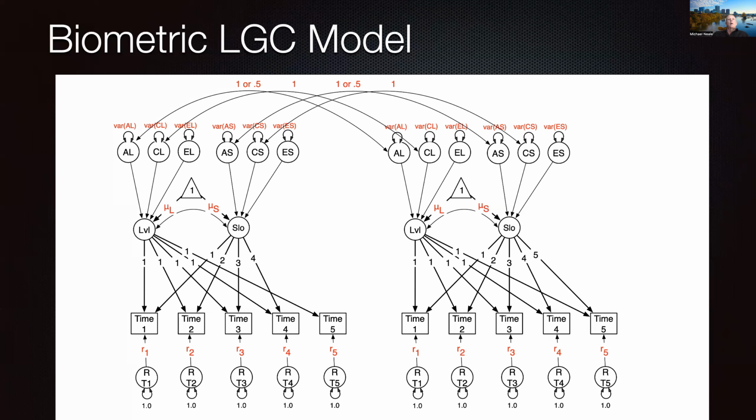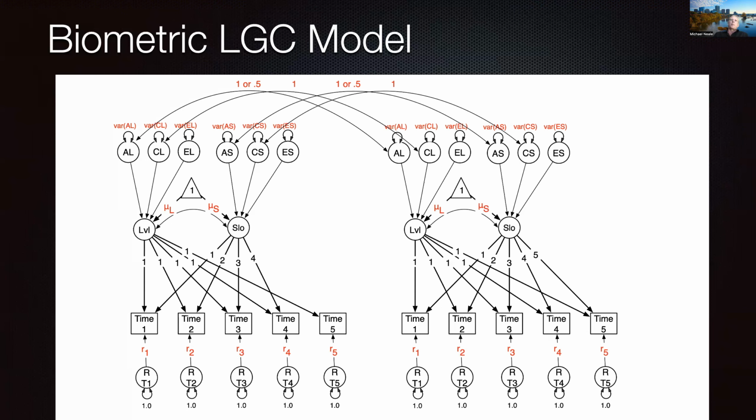Okay, so that latent growth curve model, here we've partitioned it and allowed the additive genetic, common environment and specific environment components of level and slope to covary across relatives. What may also be necessary in this model specification is to allow for some covariance between those level and slope components.